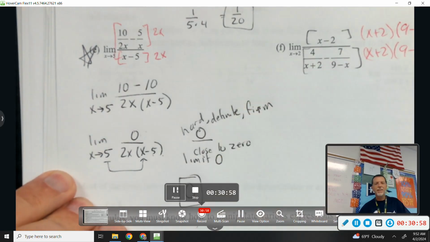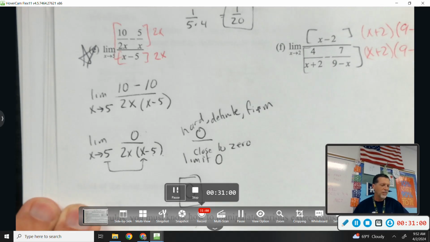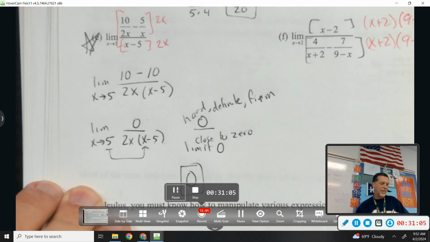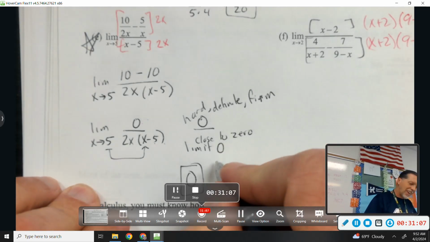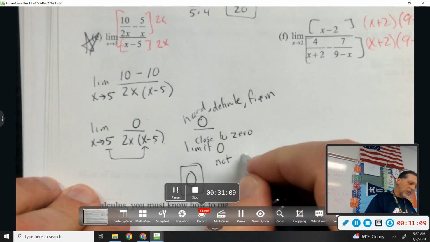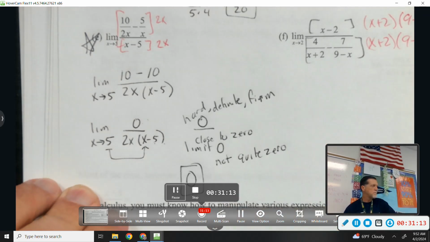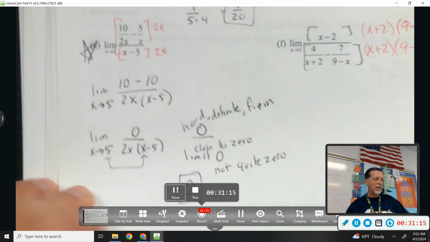A hard 0, a definite 0, a firm 0. Well, it is 0. It's just the other one isn't 0. That's maybe a better way to say. The bottom one is close to 0 or not quite 0. So that's the tricky one.